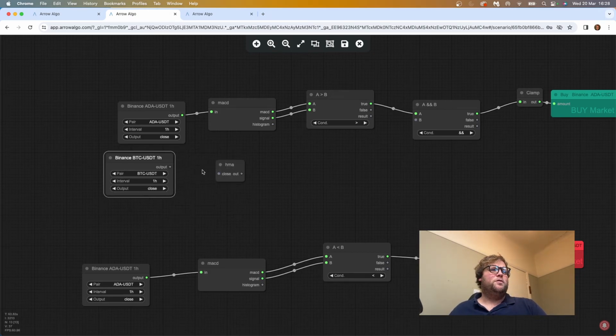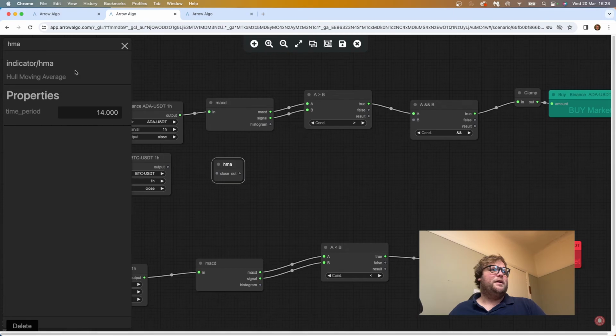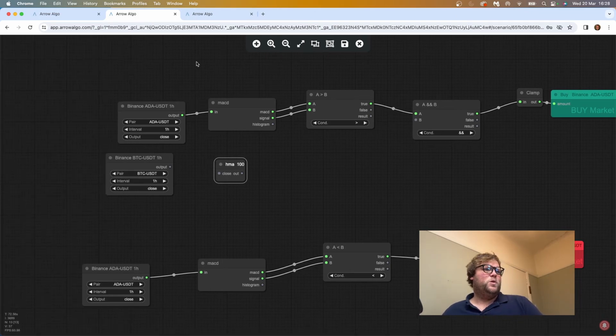Now again, we could have the HMA, let's say 100 periods. We're looking at an hourly chart here. I could feed the hourly price from the same data block, or I can get a new one out and feed it from there.